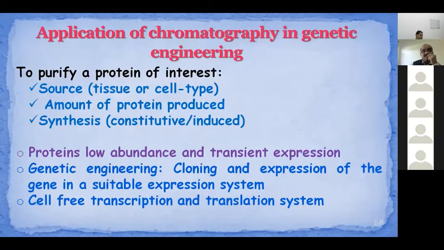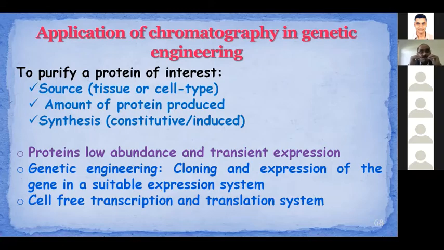Now the application of chromatography. As we know, for isolation or separation of the protein of interest, the source of the protein is identified, that is tissue or cell type.